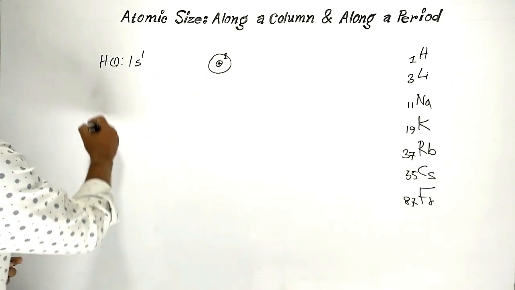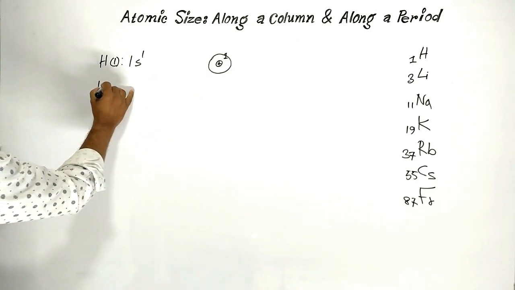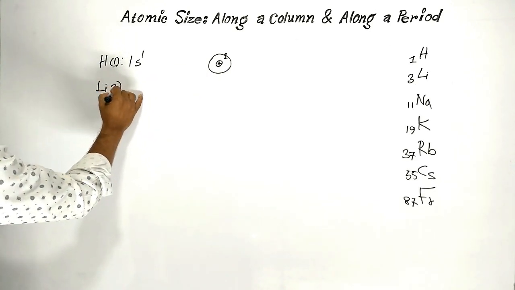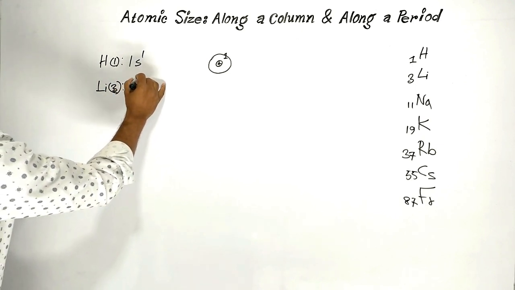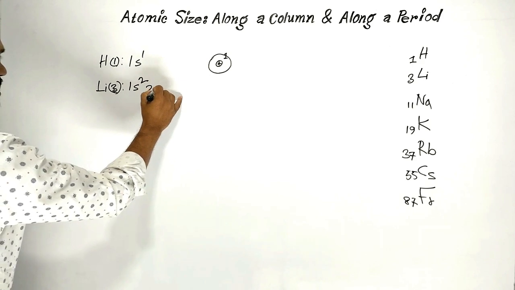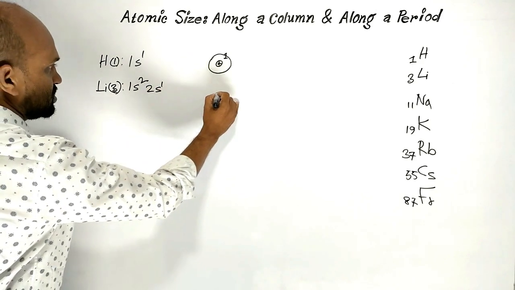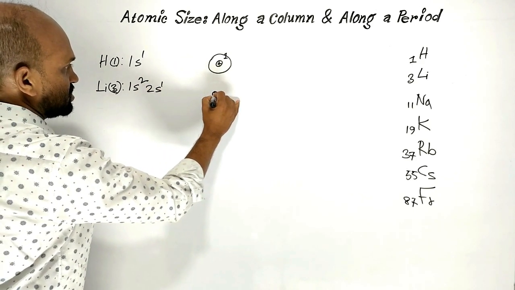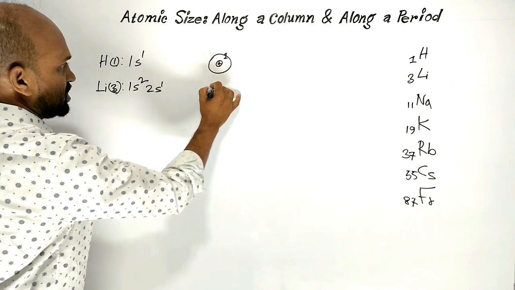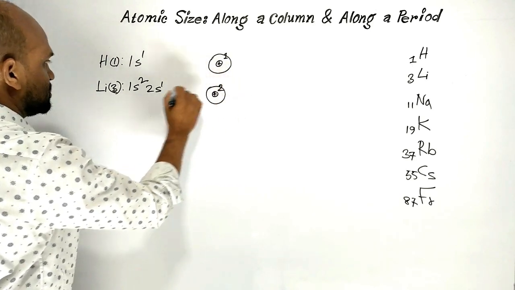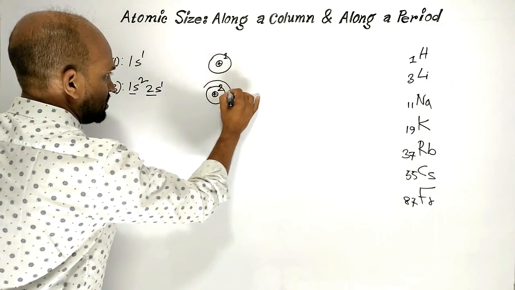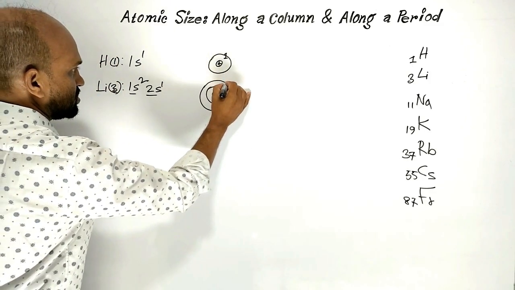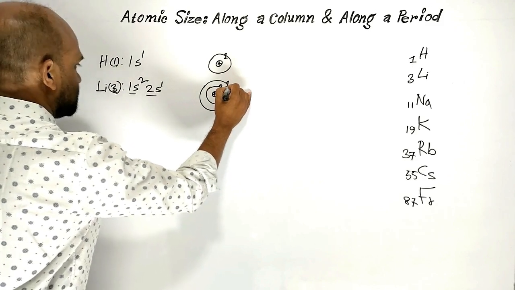Then electronic configuration of lithium, atomic number 3, is 1s2, 2s1. This is the nucleus. First shell contains 2 electrons, and it has another shell that contains 1 electron.